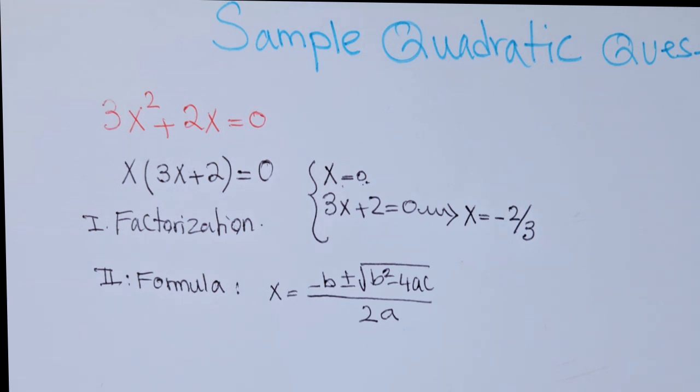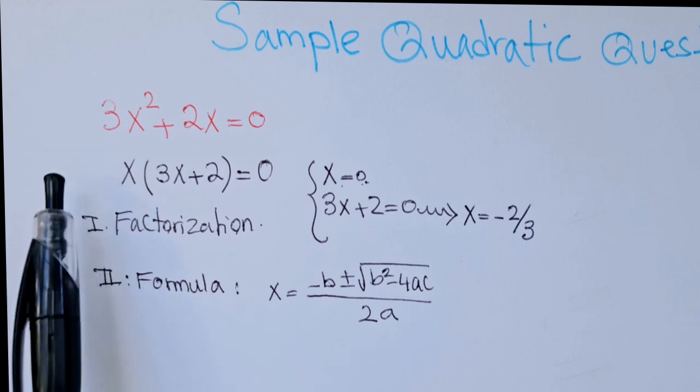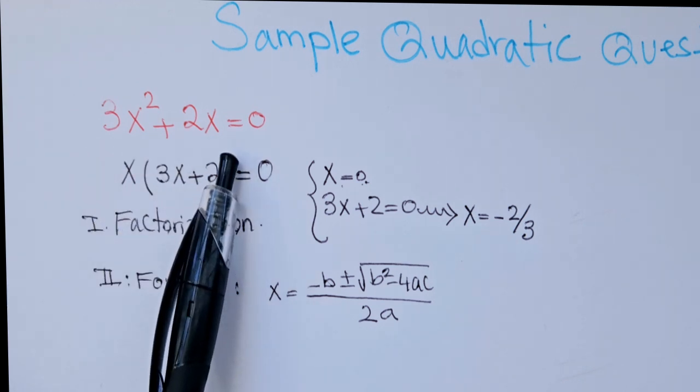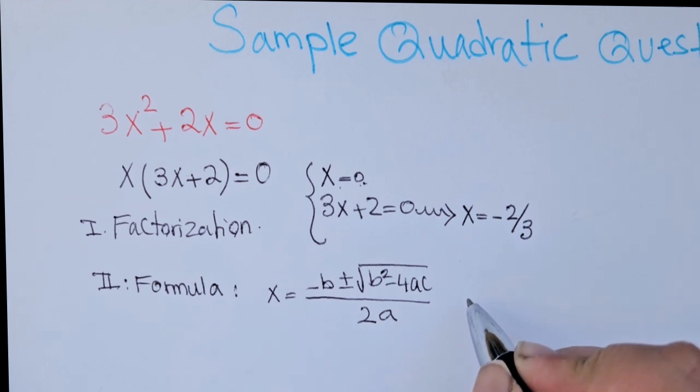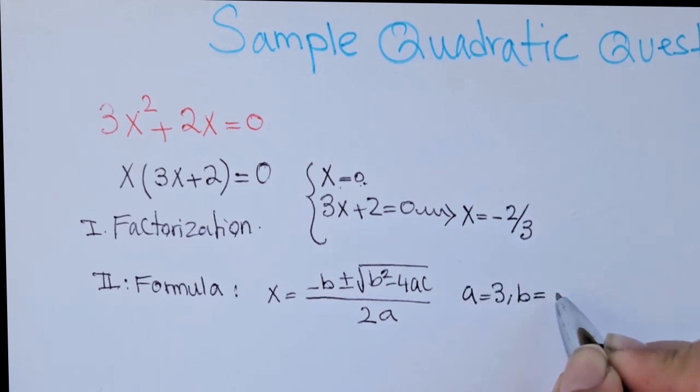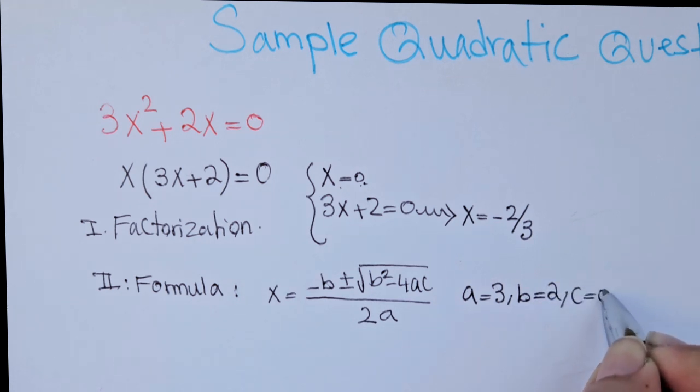So the first thing you need to do is to rearrange your function or equation. That means you have to write from the biggest power to the lowest power. And here, it's already arranged, so you have x squared and then x. So let's substitute. The a is 3, b is 2, c is 0.